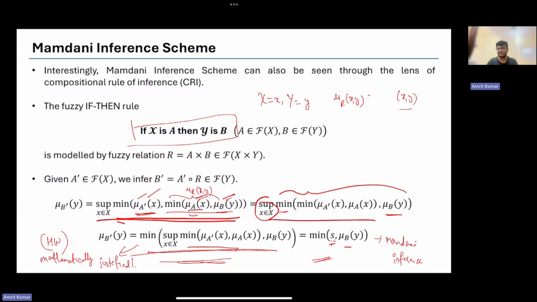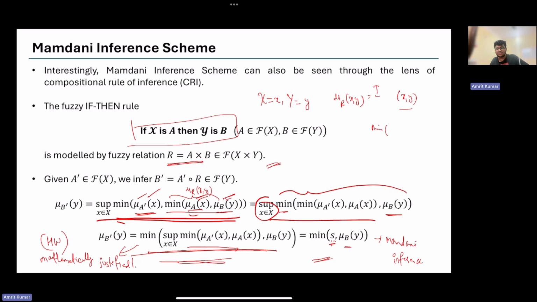Now, instead of using an implication I, which seems like the logical thing to do, because this conditionality is expressed in logical terms using an implication, in Mamdani inference you're using the minimum operation. But minimum captures conjunction, or 'and', and not the conditionality. Then is it mathematically logical to use such a relation R?